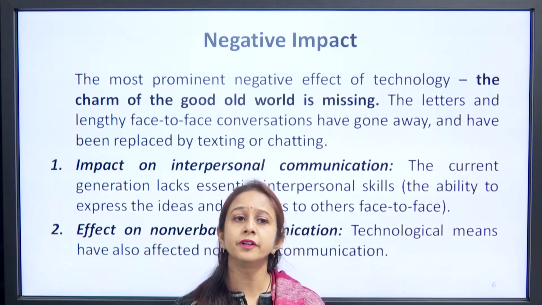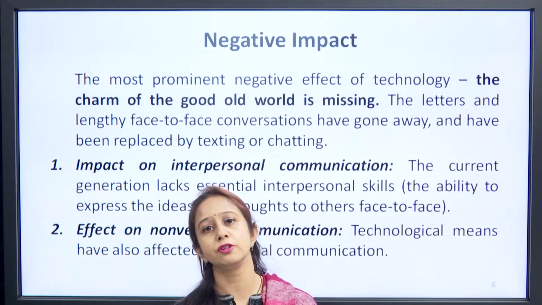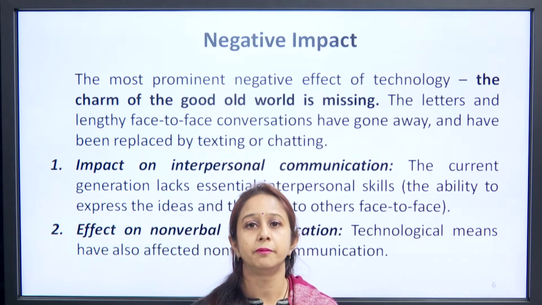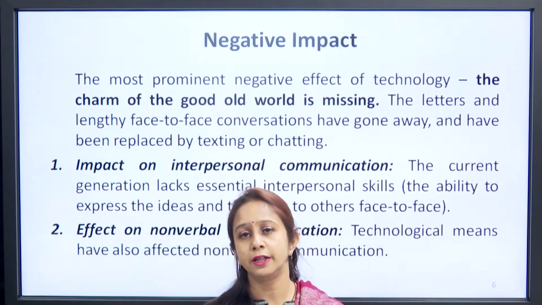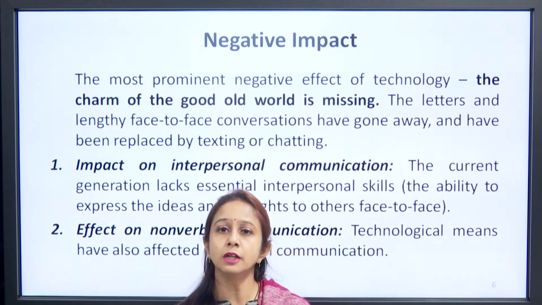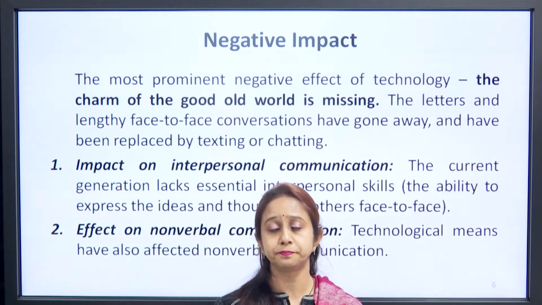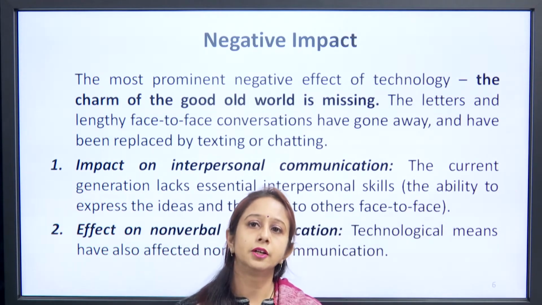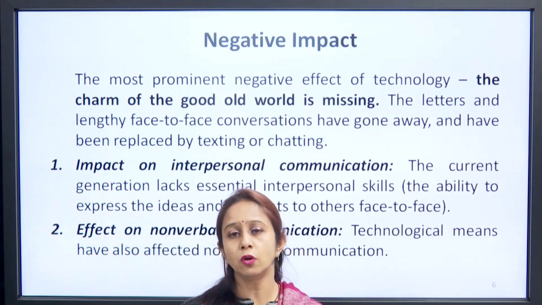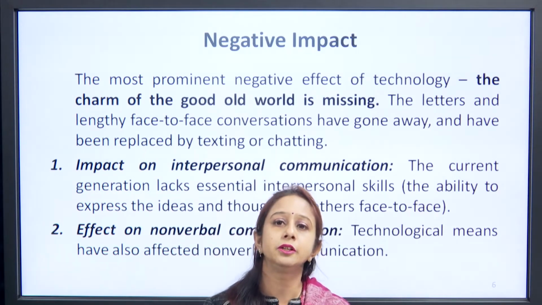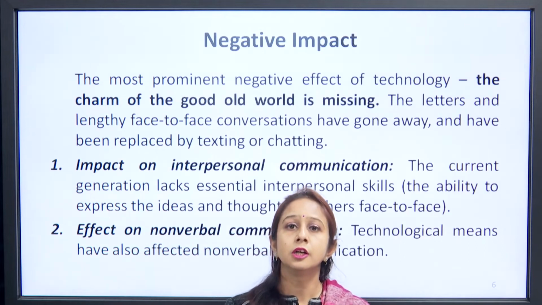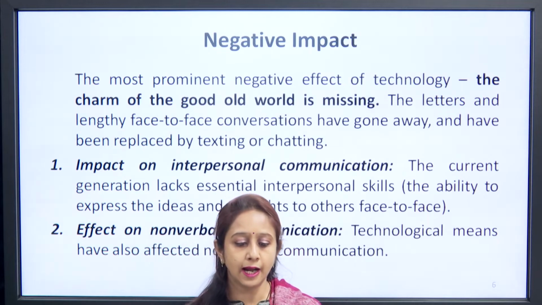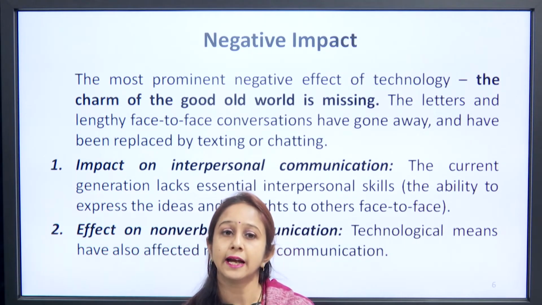When we talk about letters, the ability to express our feelings has gone away. Why? Because everything nowadays has turned into a virtual world. With the help of technology, people are sending messages in a shorter form, and the long letters are missing. In a shorter form, you are also lacking different emotions, and the ability to express yourself has been replaced by texting and chatting.